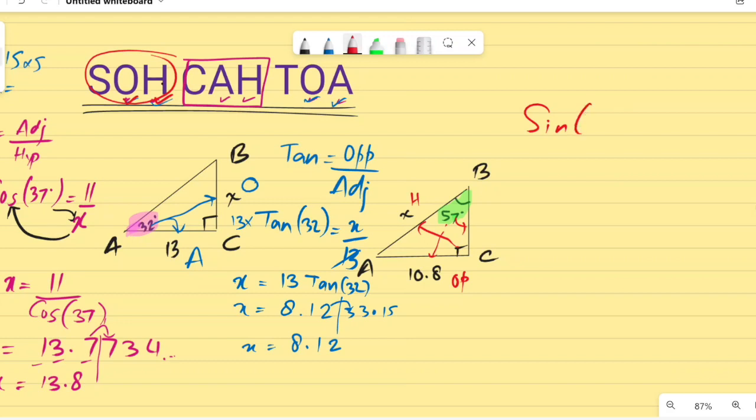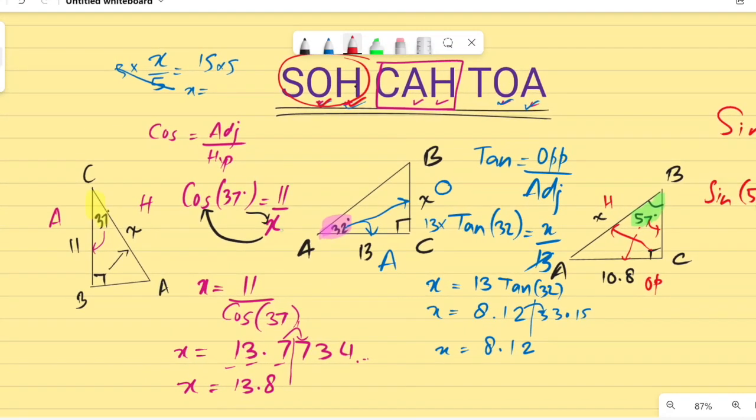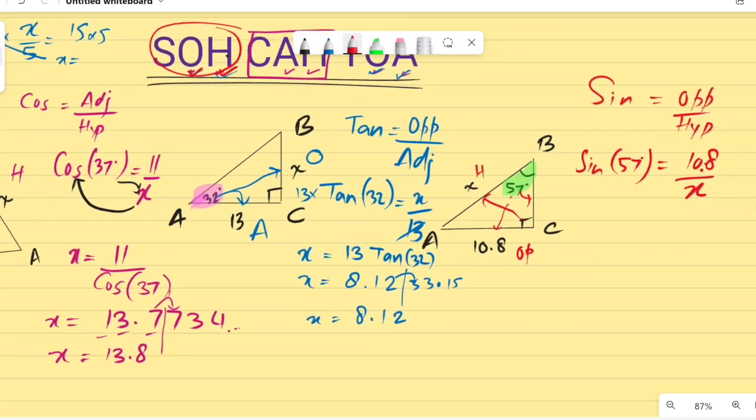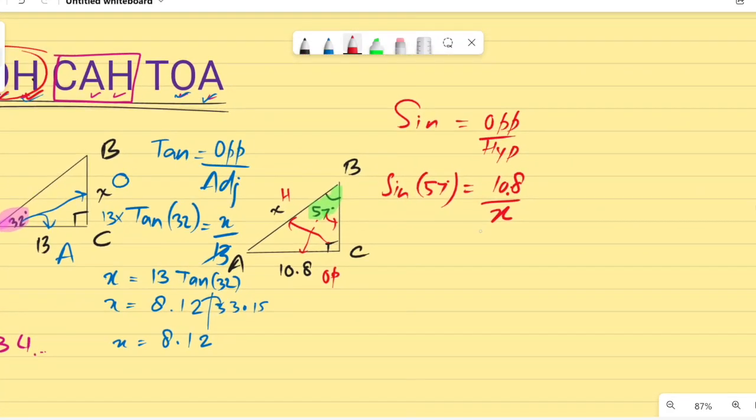Sine is equal to opposite over hypotenuse. So sine, the angle is 57, is equal to opposite, which is 10.8, over hypotenuse, which is x. Like the first question, you remember, when you don't know the denominator, you swap with the trigonometric ratio.